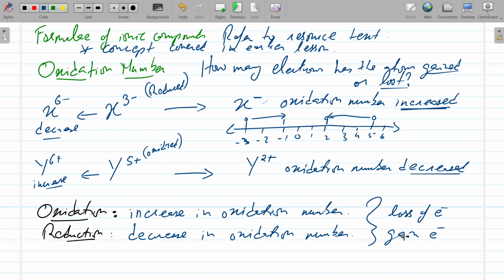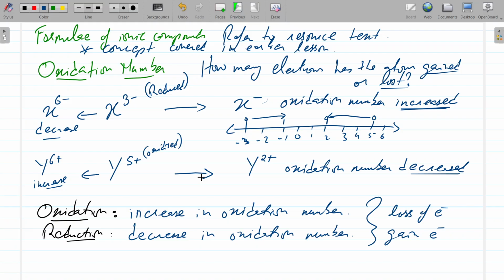It's just another way of saying it. Why is that? If we take a look at this, you had this particular atom that had a -3 charge. That means it had 3 extra electrons. It went from -3 to just a single negative charge. So how many extra electrons does it have right now?